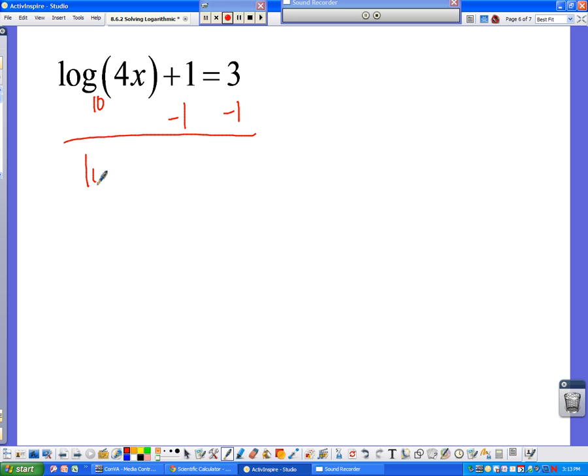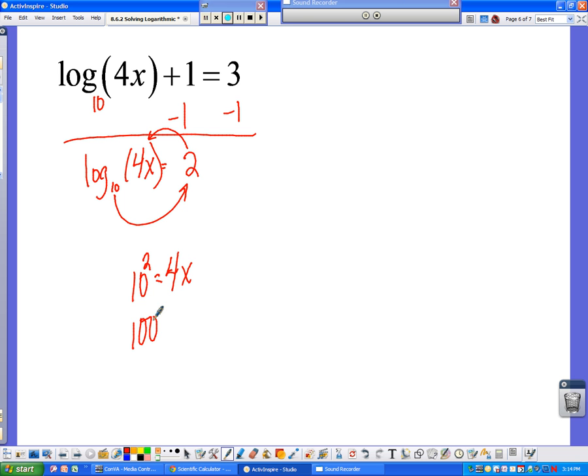So the only thing that we're left with over here is the 4x equals 2. So you're going to do 10 squared equals 4x. Okay? 10 squared is 100 equals 4x. Divide by 4, and x equals 25.